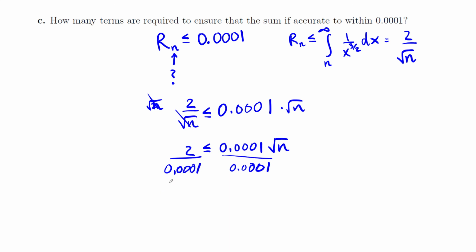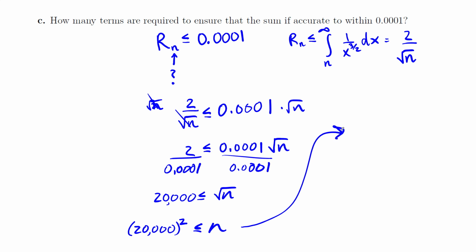All right, and then 2 divided by 0.0001 is actually going to be 20,000. So what we're saying is that the square root of n has to be bigger than or equal to 20,000. Okay? But, of course, if the square root of n has to be bigger than or equal to 20,000, what is n? Well, n would have to be the square of that, right? So bigger than or equal to the square of 20,000.